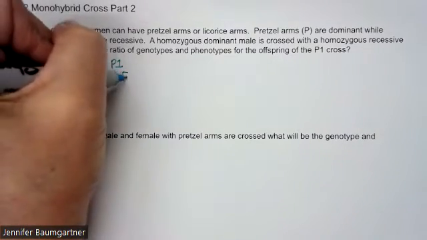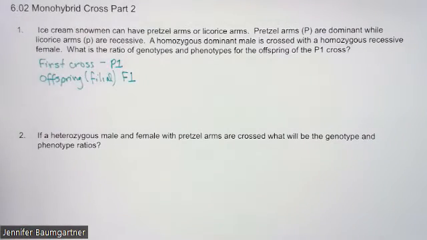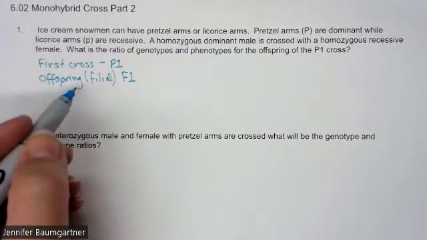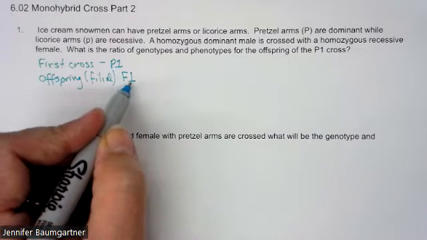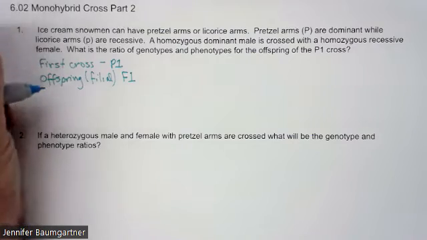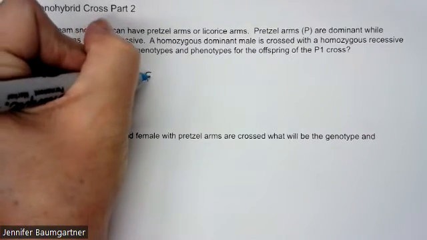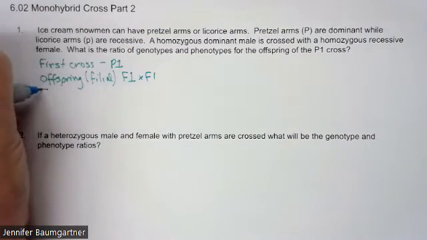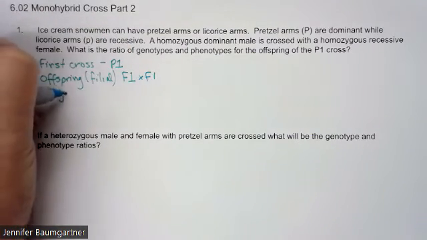So this becomes the F1. Sometimes in the instance of plants or bugs or things that aren't susceptible to having problems with crossbreeding, we can take these and cross these. So if I do an F1 by an F1 cross, then we call this the F2 generation.